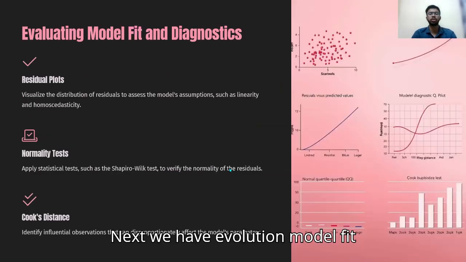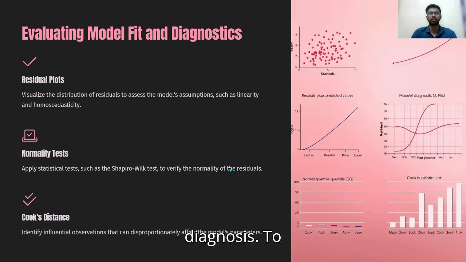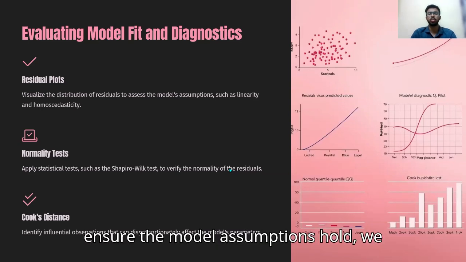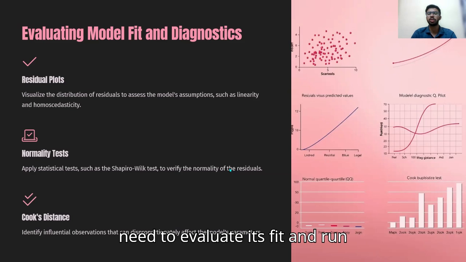Next, we have evaluating model fit and diagnostics. To ensure the model assumptions hold, we need to evaluate its fit and run diagnostics. Start with the residual plots. This plot shows the difference between actual and predicted values. They help assess assumptions like linearity and homoscedasticity.